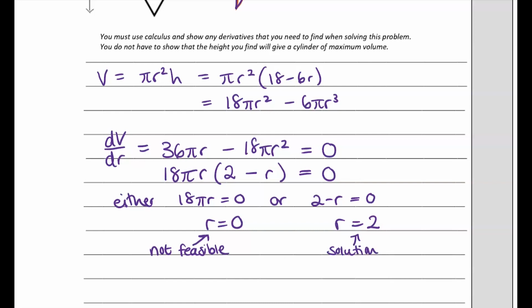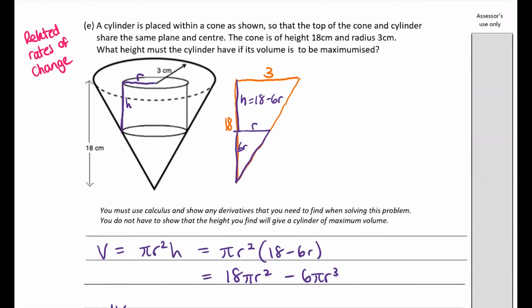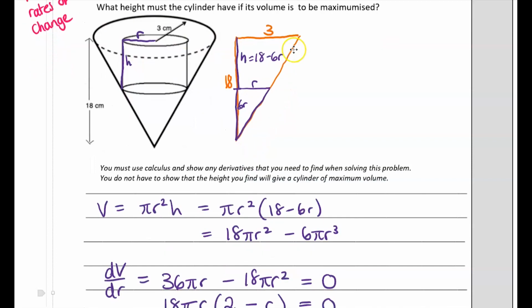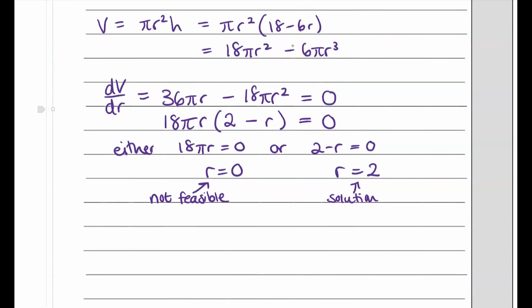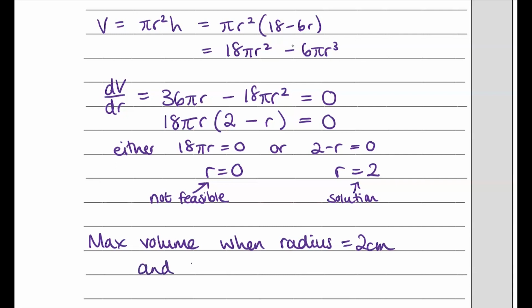Now the question itself, just go back and check, we were asked what height must the cylinder have if its volume is to be maximized. So maximum volume when the radius is 2 centimeters, and the height, we know the relationship there is that the height is 18 minus 6r.